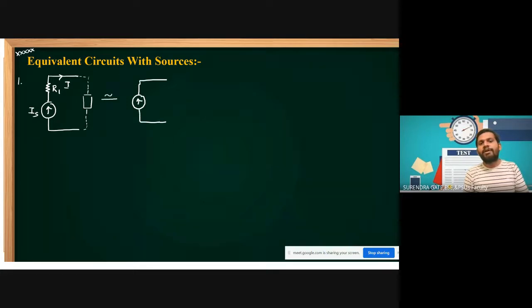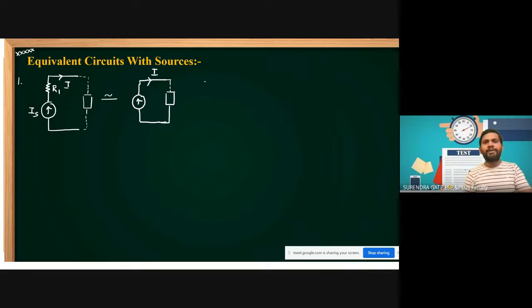Okay, this is one observation that you remember. There is no significance for this one. Let this current be I. That means a resistor in series with an ideal current source is neglected.